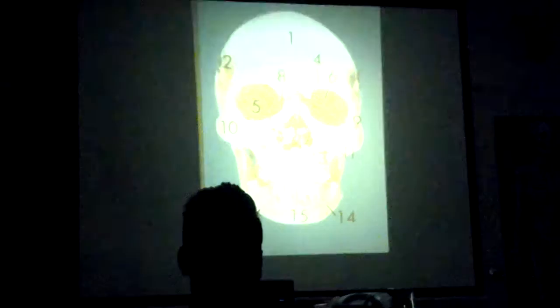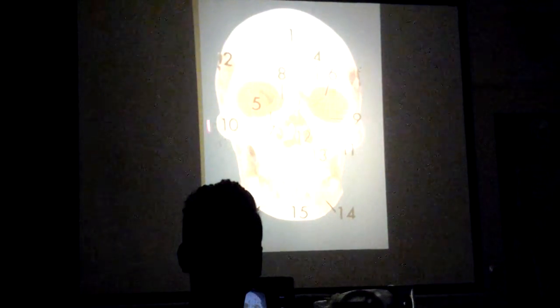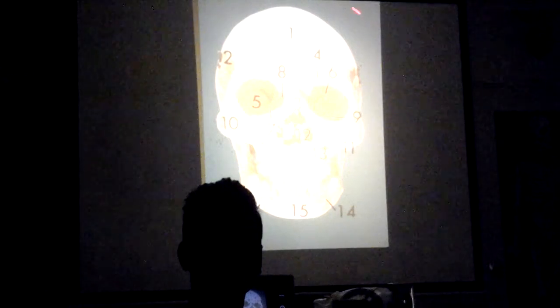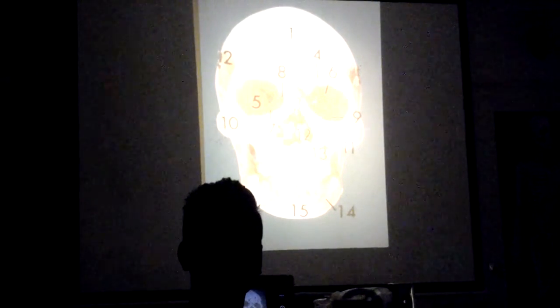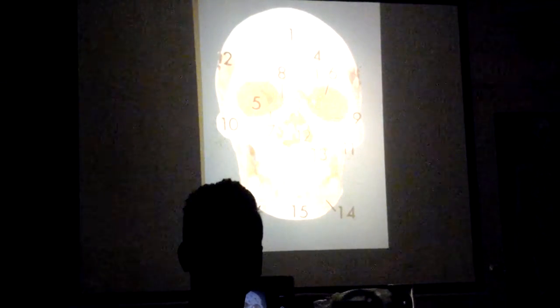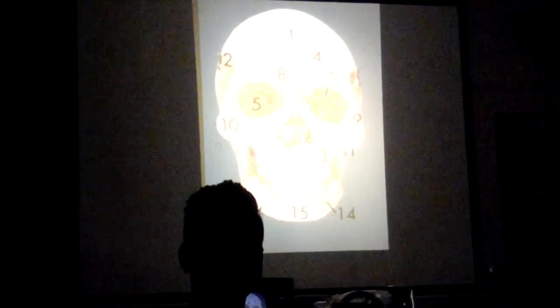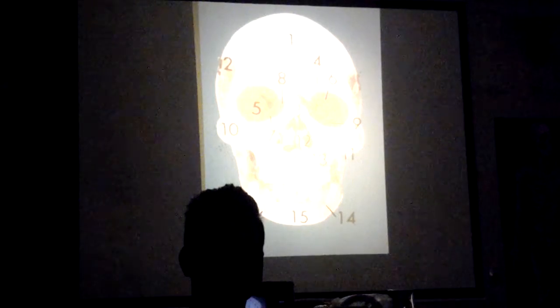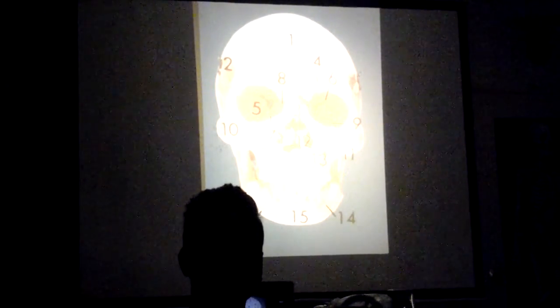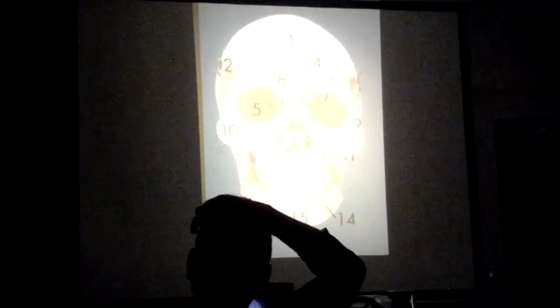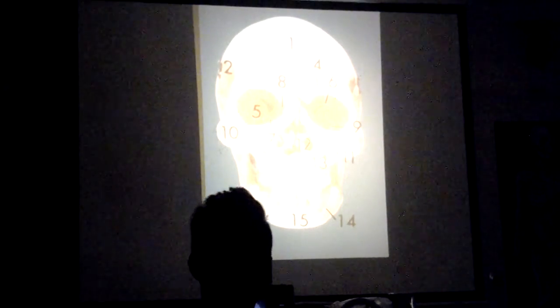Then, well, this was just showing the actual skulls that we're using. Go in the orbits, now you can really see SOF, IOF. Not so good for infraorbital foramen, here and right there. Also, I'll never refer to numbers or letters.